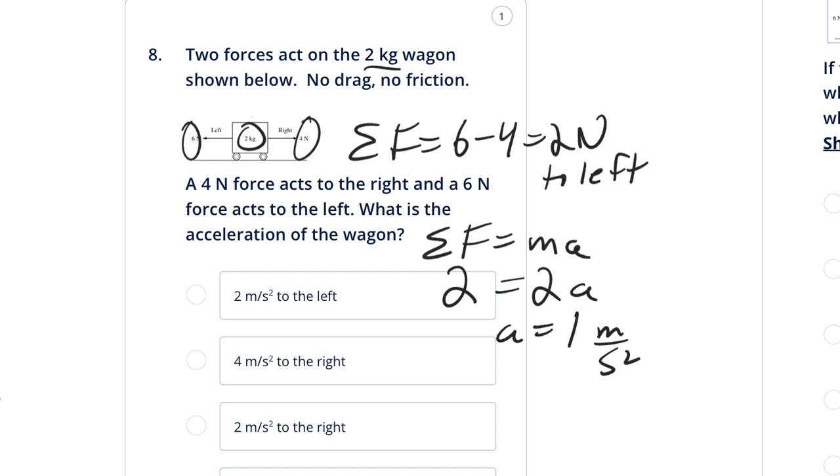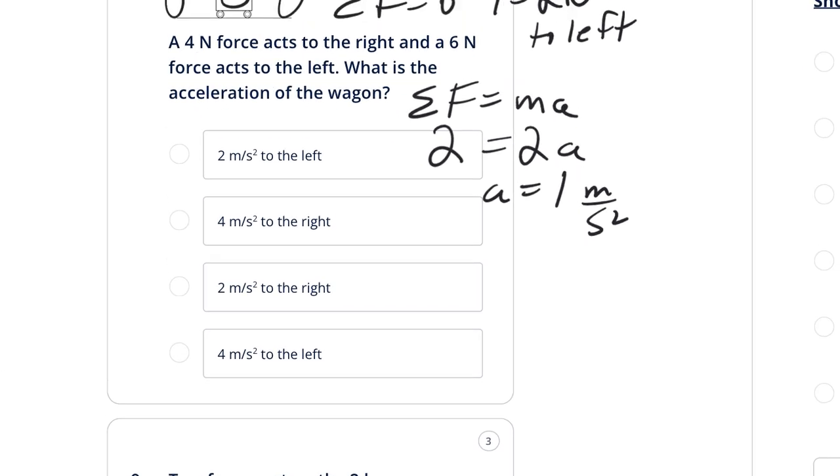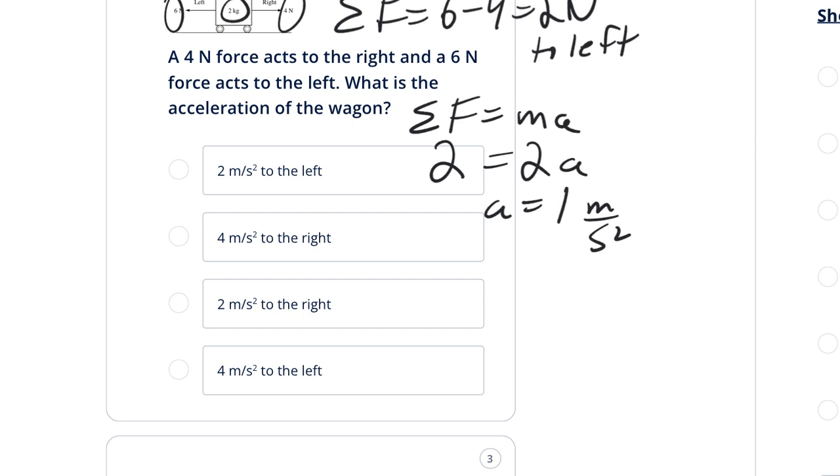Okay. And that'd be 2. So I made an error. None of these choices are correct. So let's just change. The correct choice is 1 meters per second squared to the left. That's the correct choice.